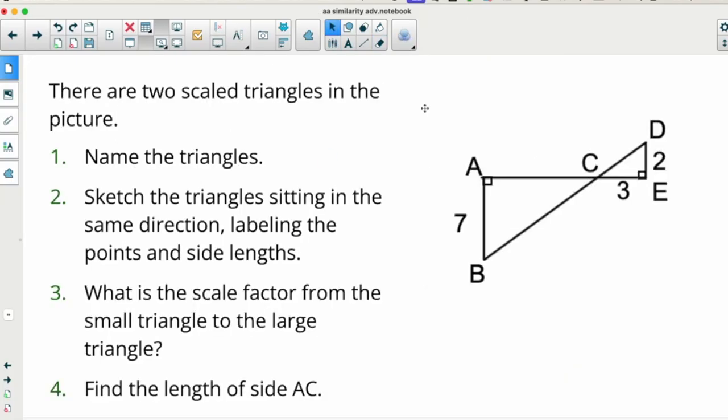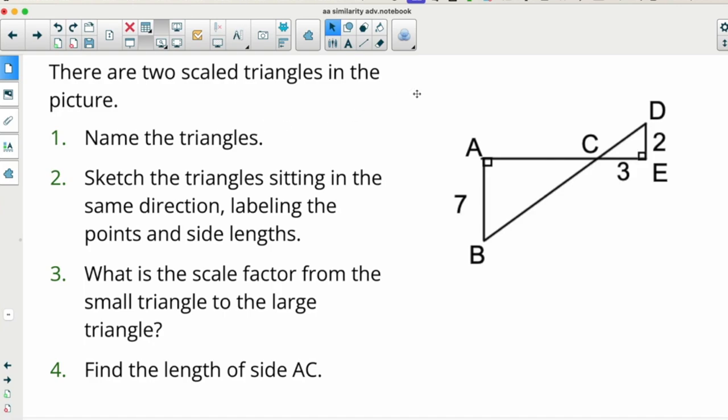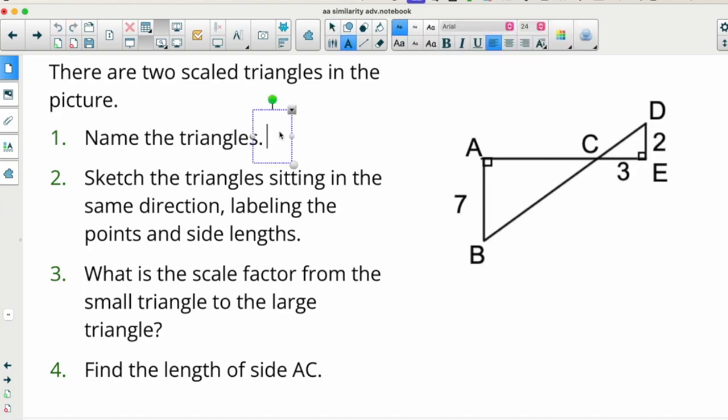Here's another situation where we have two scaled copies of triangles, and it says name the triangles. So we have triangle ABC and triangle EDC.